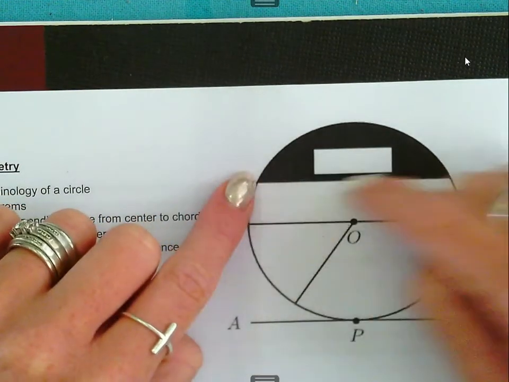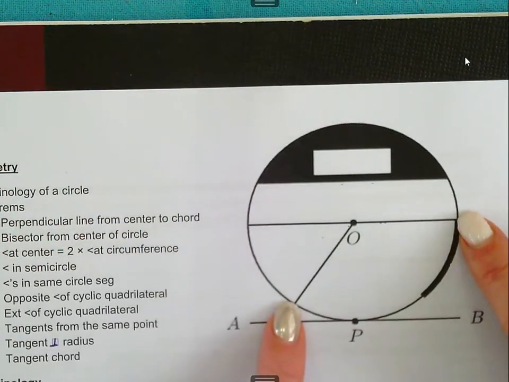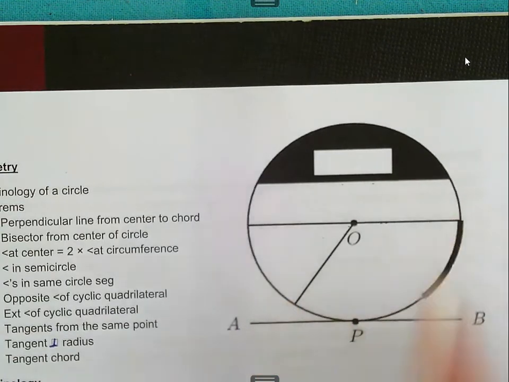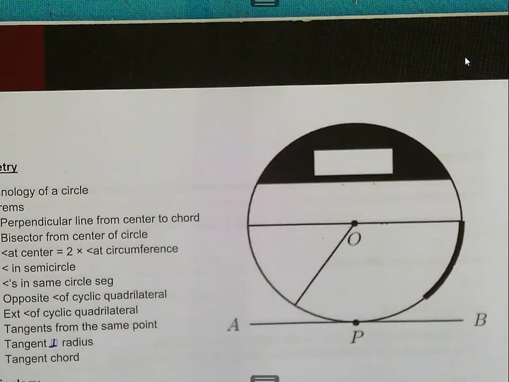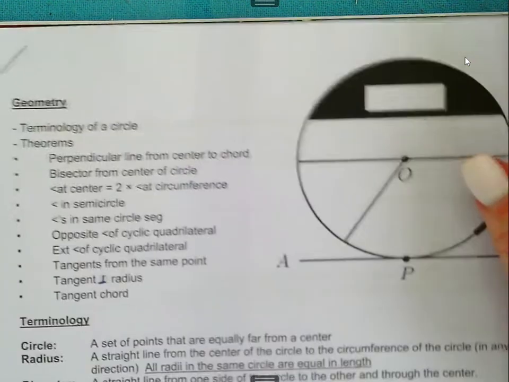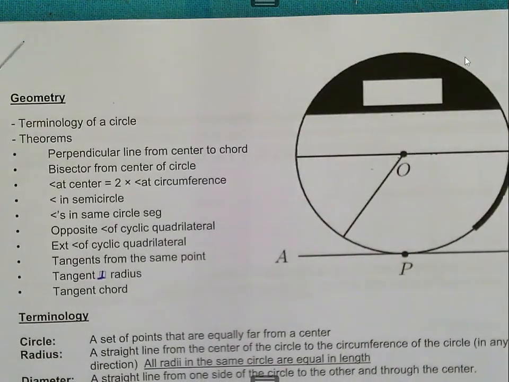If there's no line there, like that part there, that's an arc. It's the distance between 2 points on the circumference, not through the circle. A segment is a portion of the circle formed when a chord cuts a circle. That's a segment.